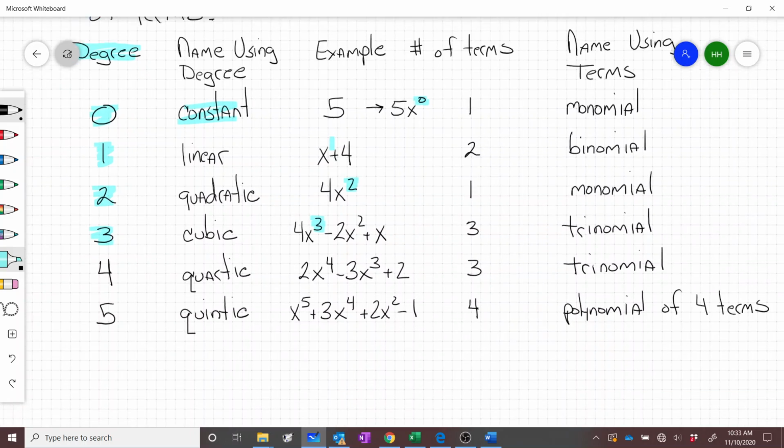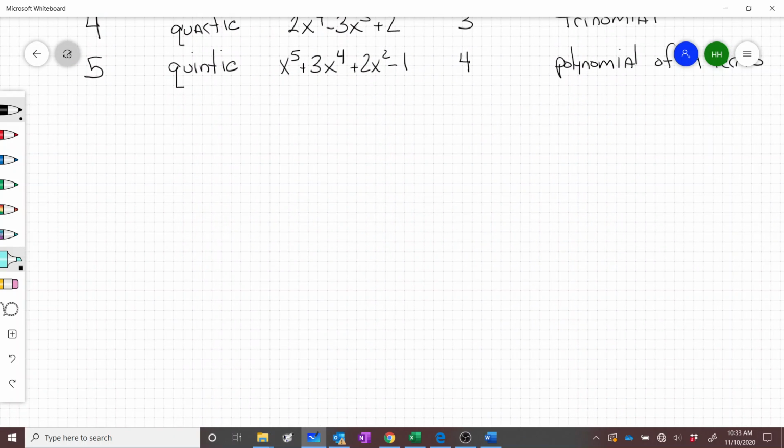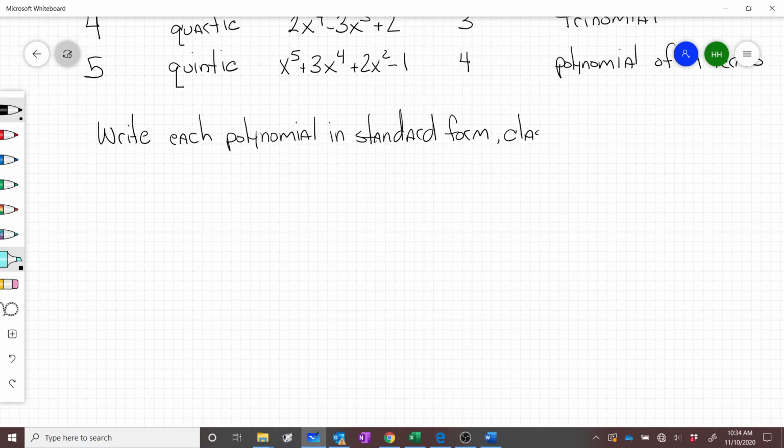Alright, so in the first part of your assignment today, you're going to write each polynomial in standard form. Classify by degree and number of terms.